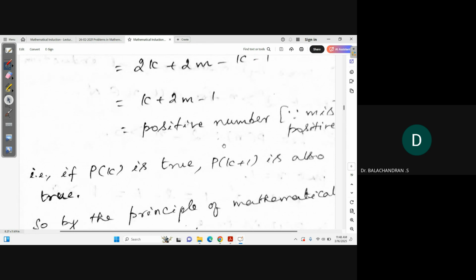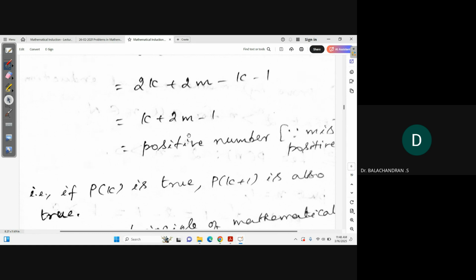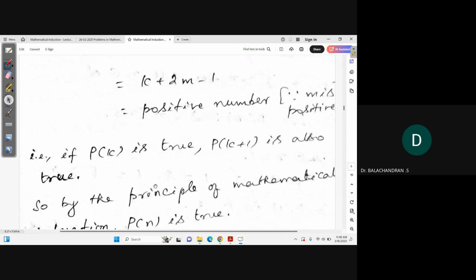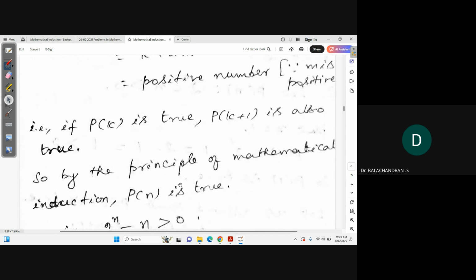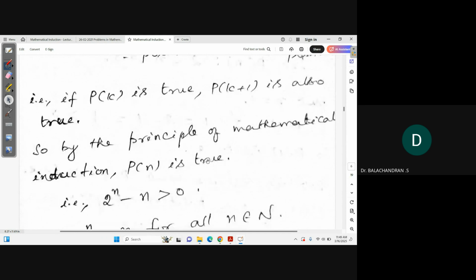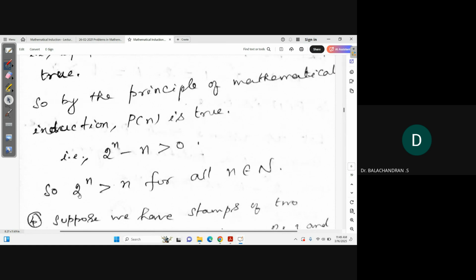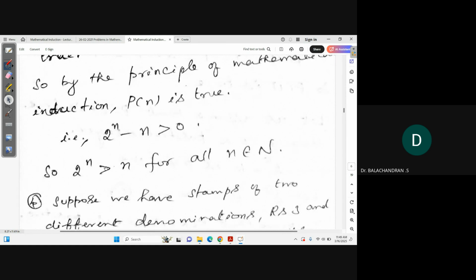Therefore we proved the statement is true for n equal to k plus 1. That is, if P of k is true, P of k plus 1 is also true. So by the principle of mathematical induction, P of n is true. That is, 2 power n minus n is greater than 0, so 2 power n is greater than n, which is true for all n belonging to capital N.